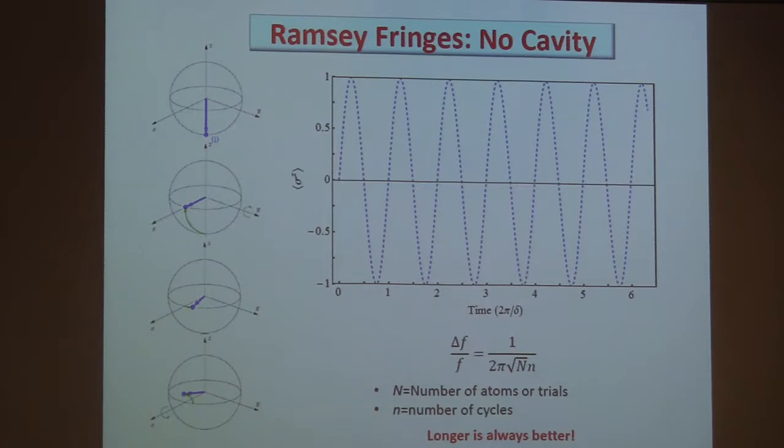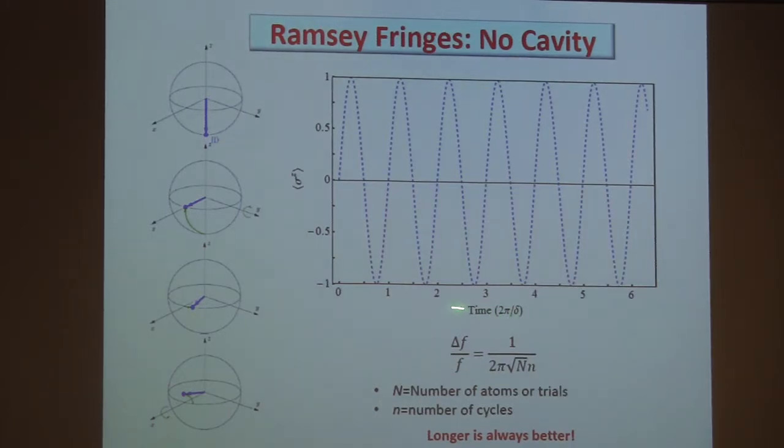The number up and down gives you a measure of the fringes in this problem. So this is the expectation value of sigma z, and as I make the time in between longer and longer, I can see fringes going between all the atoms up and all the atoms down. So that's Ramsey spectroscopy.